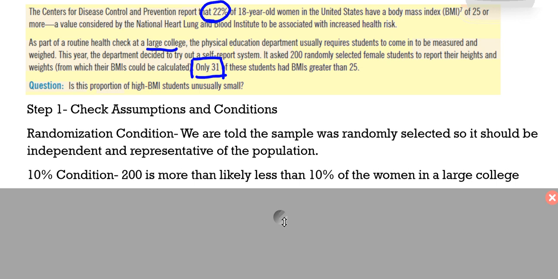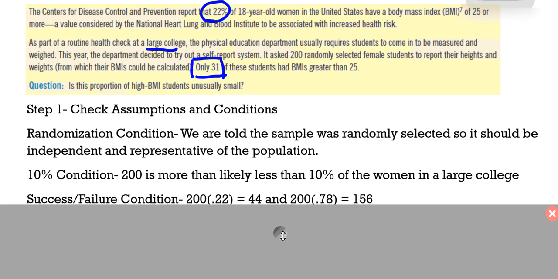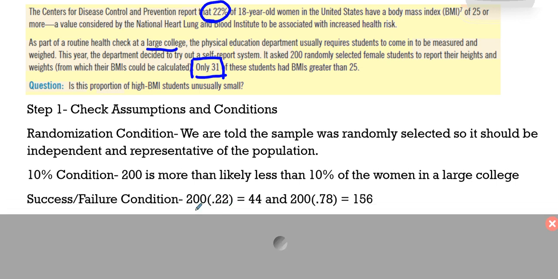It's a good representative sample, and it's not going to be violating that one. And then success, failure, yeah, you're going to want to do that each time, and there you have it.